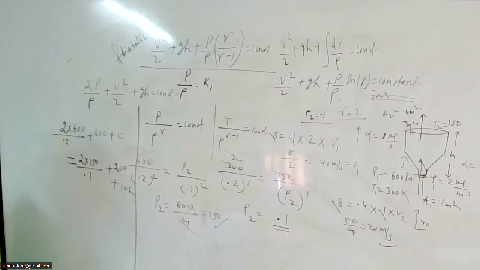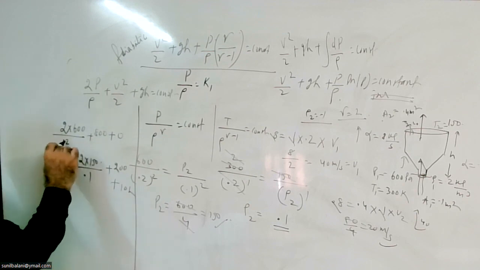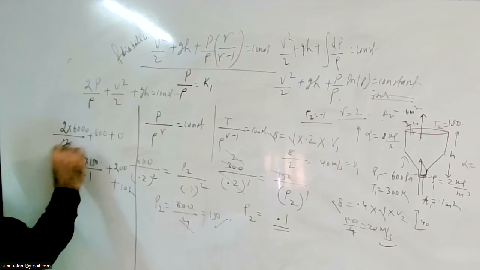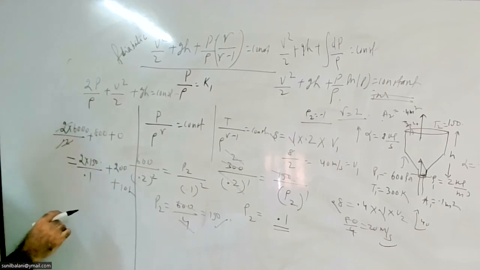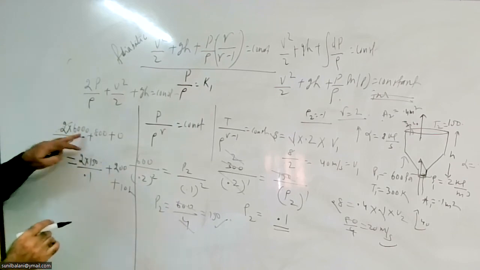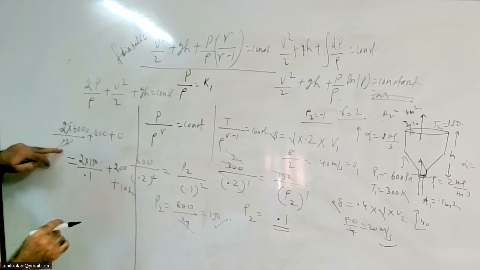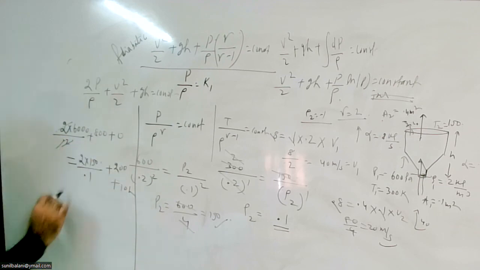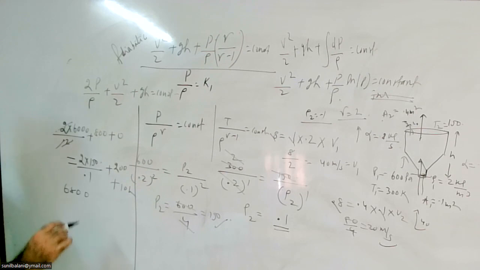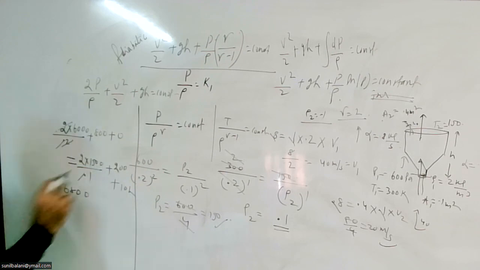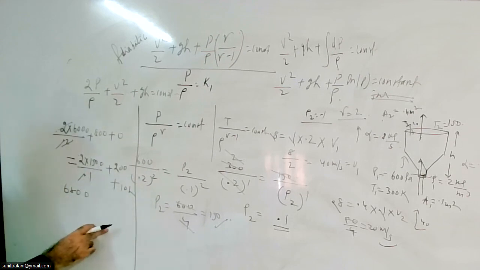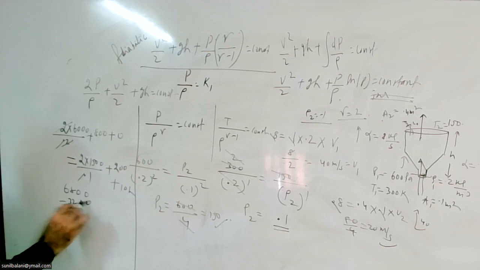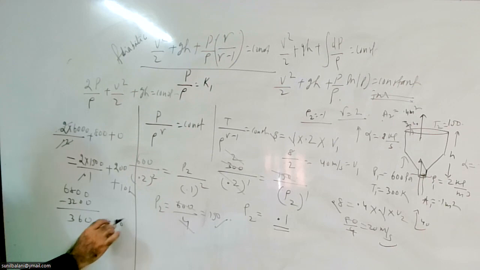So now let us calculate. This and this gone, this 2 and 2 gone. This becomes 600 by 0.2, that is 6,000. So 6,800, and this becomes 150 by 0.1, so 3,200 after adding the 200. So minus 3,200, that gives 3600 is equal to 10h.